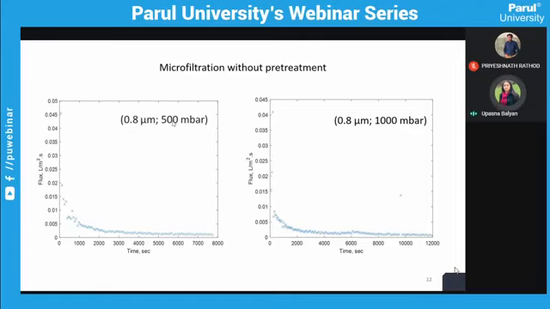So you have a fixed area and you are varying the time at two different pressures. As you can see, the flux at the two pressures is almost the same. It's not varying as much with the two different pressures, but it's just to show you how this graph will look, how this pre-treatment looks when you're talking about the flux.